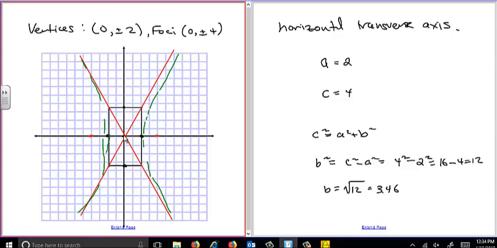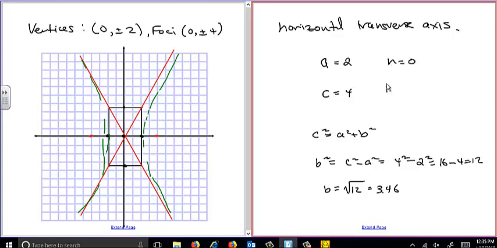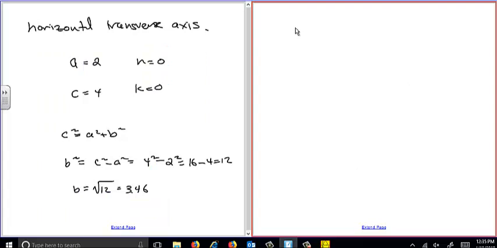Well, you notice the center here is at the origin, and that's if you take the midpoint of these two vertices, or the midpoint of the two focal points, you get 0, 0, because it's aligned symmetrically along there. So we know that h equals 0 and k equals 0. So finally, the answer is going to be x minus 0, which is just x.